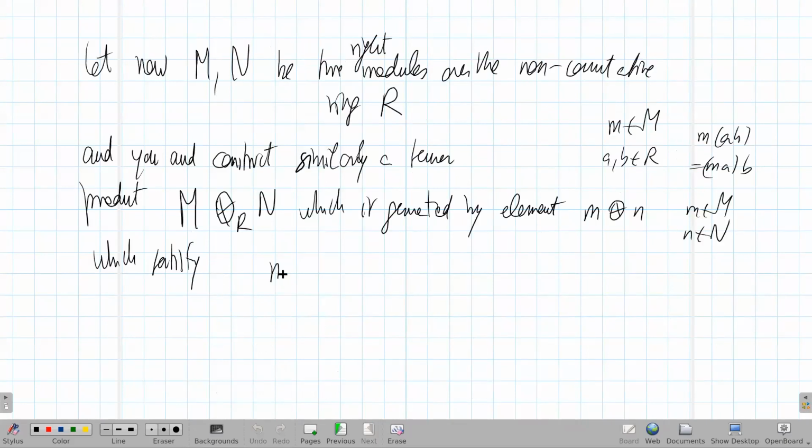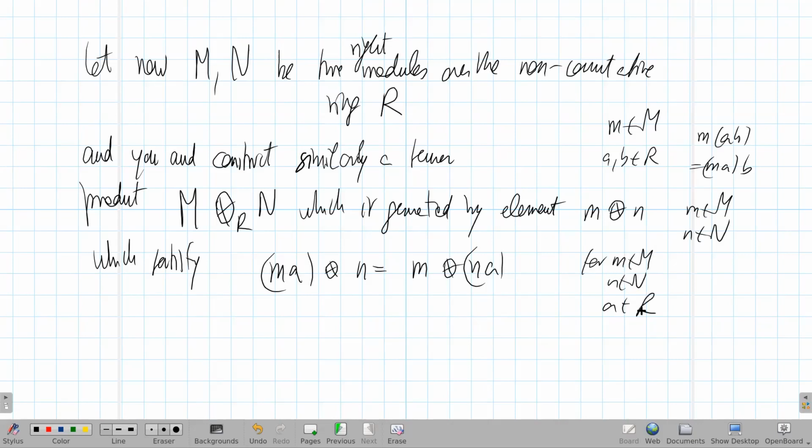So that ma tensor n equals m tensor na, where we have m in M, n in N, and a in our ring. Well, then we have a problem.